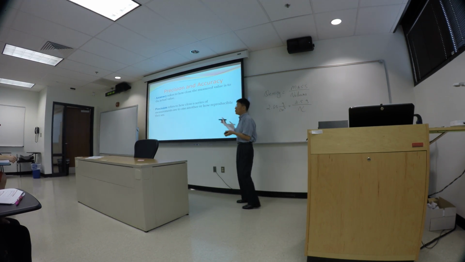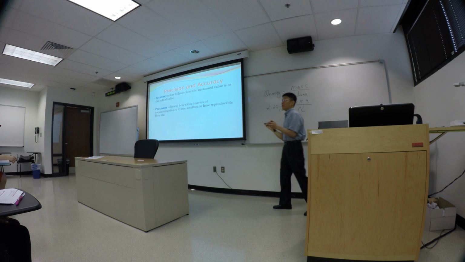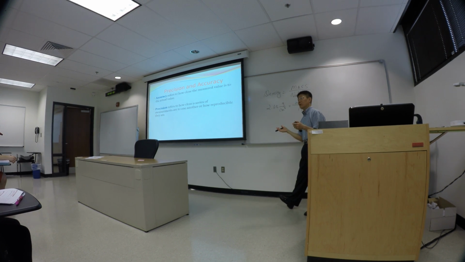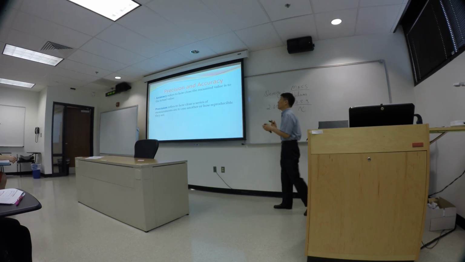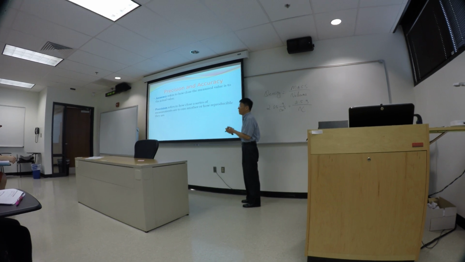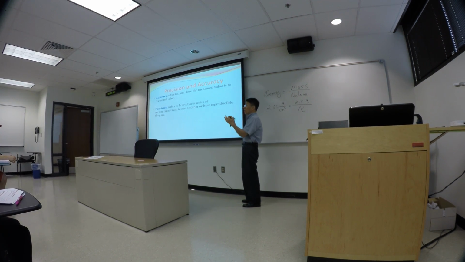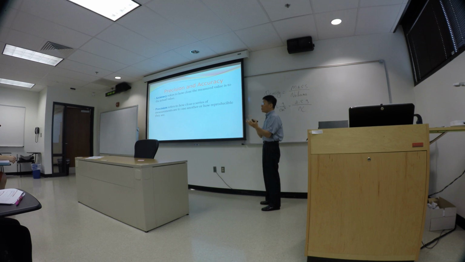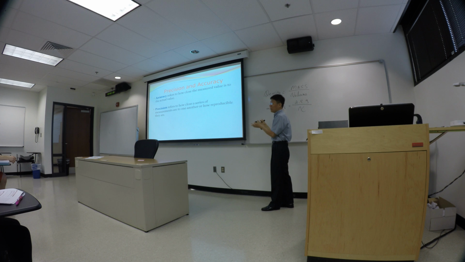It depends on how close you are to that 10 centimeters as the true value. Precision, however, refers to how close a series of measurements are. You can do repeated measurements. If you have something wrong with the measuring equipment, the true value will be 10, but you may end up with 8.5, 8.6, 8.45, for example. Those are fairly closely clustered measurements, but far from the accurate number, the true value.